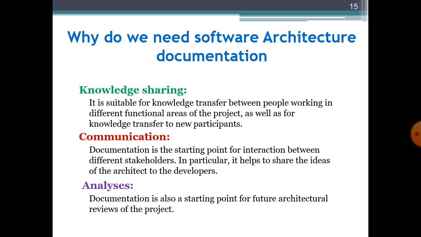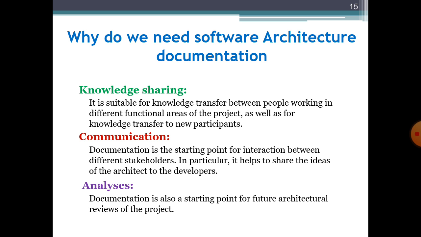So why do we need software documentation? These are the three most basic reasons: knowledge sharing, communication and analysis. Documentation is suitable for knowledge sharing between different people working in different functional areas, as well as knowledge transfer to new participants, and is a basic need for documentation of any software architecture.